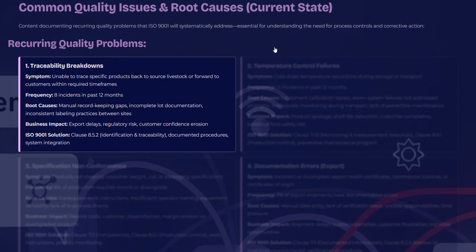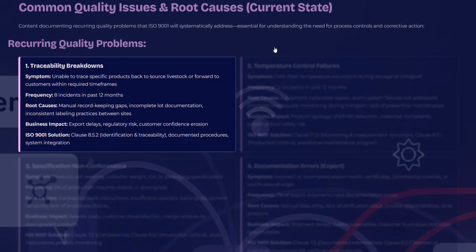Number one, we have traceability breakdown. The symptom that we have identified: unable to trace a specific product back to source livestock or forward to customers within the required time frame. Frequency, we have 8 incidents in the past 12 months.